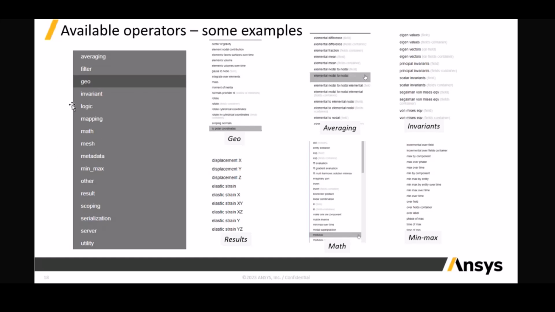Here is a quick peek. You can see that again in the documentation. You can go through the list of available operators. We have operators to work on geometry, to extract results from Ansys files. We have averaging operations, mathematical operations, of course, operations regarding different invariants you can have in simulation data, and then filtering, mapping also, different operations on the mesh, and other generic operations you would want to do on your data.